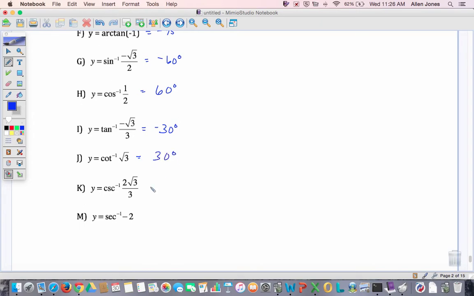Inverse cotangent of square root of 3 is going to occur in the first quadrant at 30 degrees. Inverse cosecant of 2 square root of 3 over 3 equals 60 degrees, and the inverse secant of negative 2 is 120 degrees.